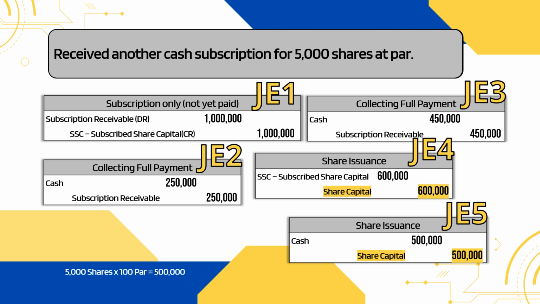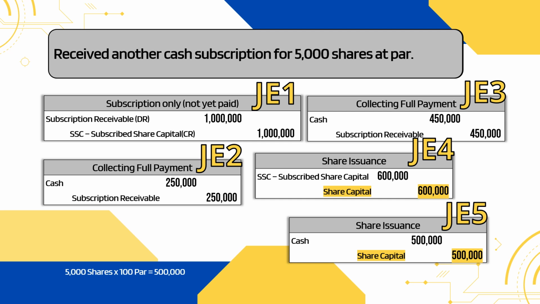So in this final scenario or transaction, you had another issuance of 5,000 shares. So here, rather than subscribing, you have people that are willing to pay for the 5,000 shares directly in cash. So therefore, if cash, then all you have to do is 5,000 shares times 100 par, so 500,000 share capital.